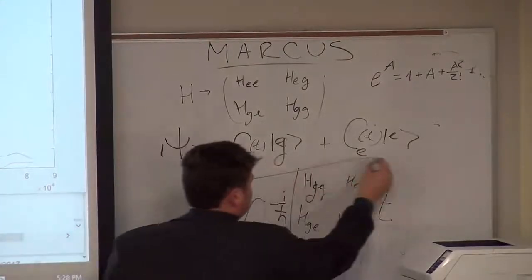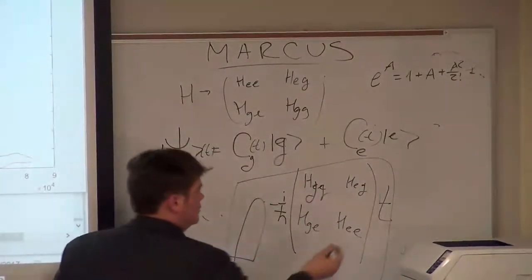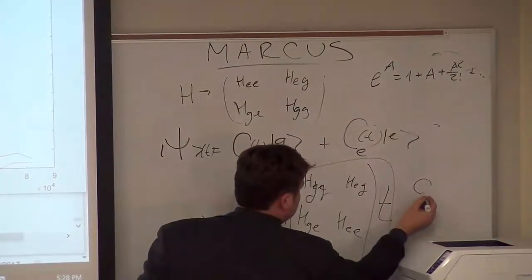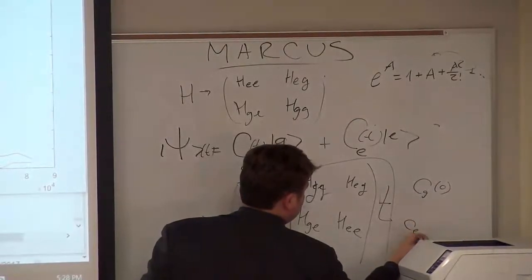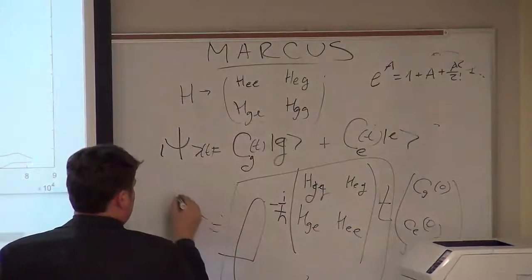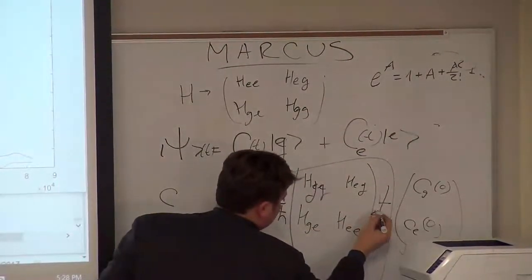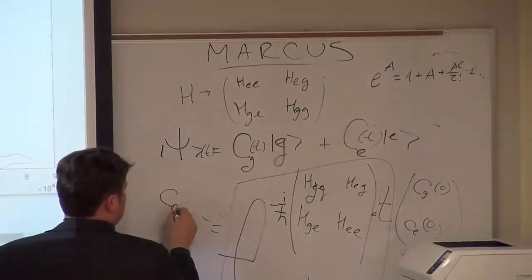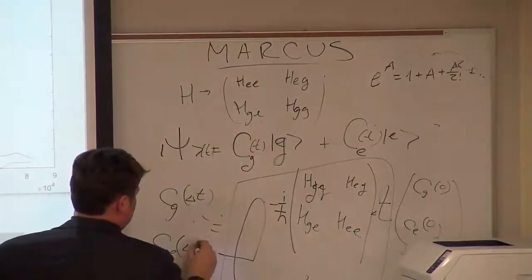And then this will be a 2 by 2 matrix, which will act on the C ground of 0, C excited of 0, and give, let's put here delta t to be conservative, C ground of delta t, C excited of delta t.